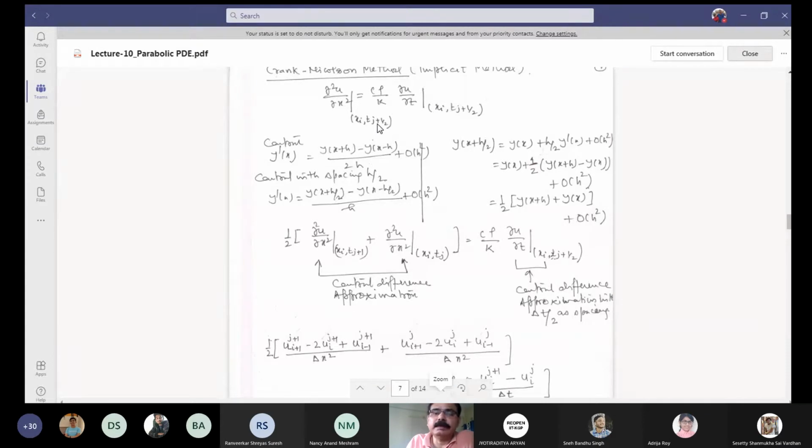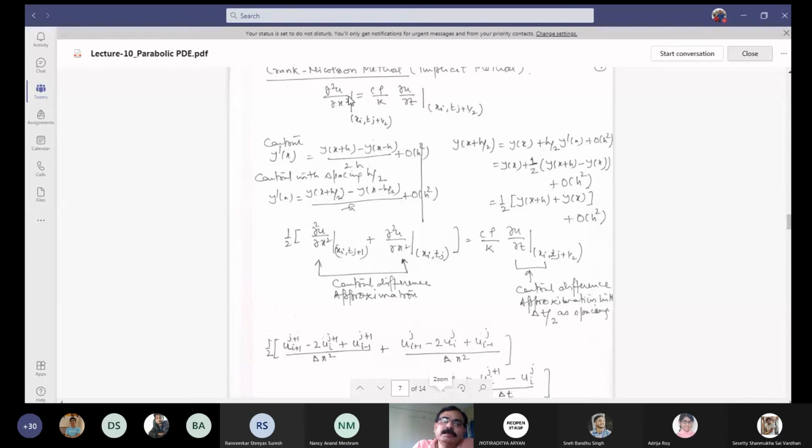It is subdivided in that way, so that mesh is there, mesh points are there, x_i, t_j. So instead of at x_i, t_j, I will take this as x_i, t_j plus 1 by 2, means t_j plus delta t by 2. So both the sides it will be satisfied at x_i, t_j plus delta t by 2. Is this clear? Yes, sir.